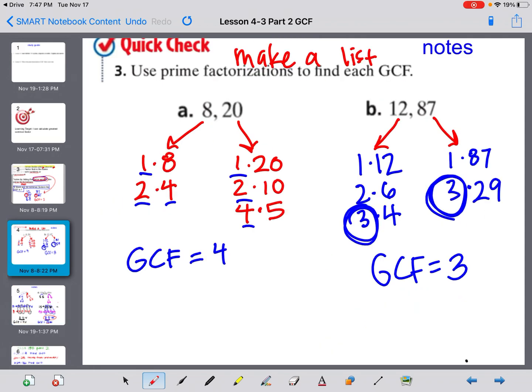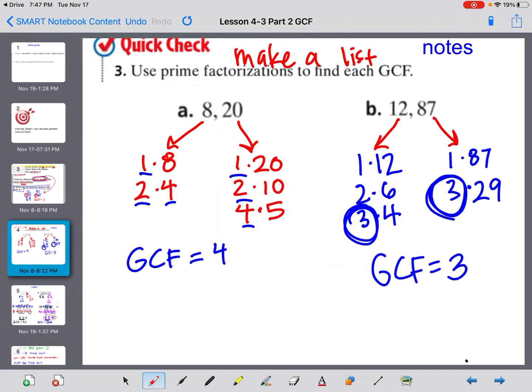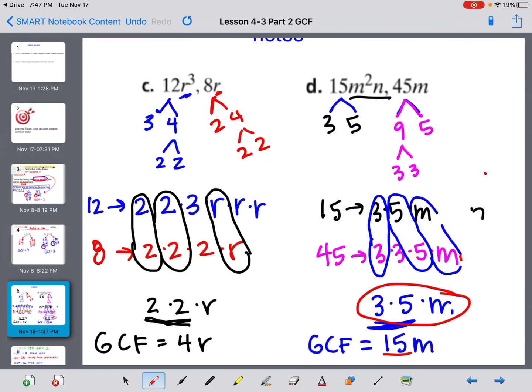So when I look at your papers that you're going to turn in, you either have lists of factor pairs, or you have trees with prime numbers. And I should see you circling things they have in common.